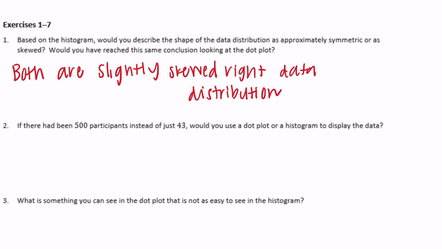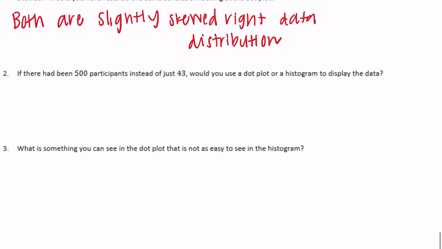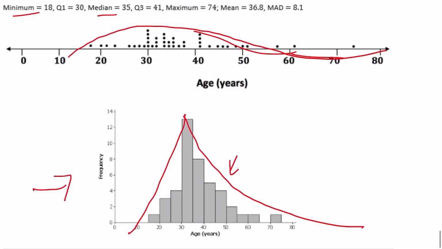If there had been 500 participants instead of just 43, would you use a dot plot or a histogram to display the data? If there were 500 instead of 43, I would use a histogram, because a dot plot would mean that you would have 500 dots. So there would be lots of dots. It would take you a very, very long time to graph it.